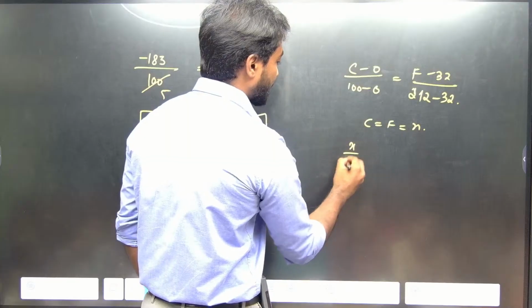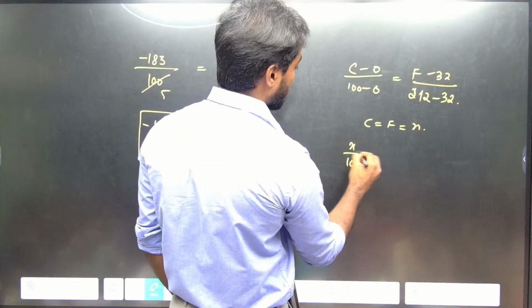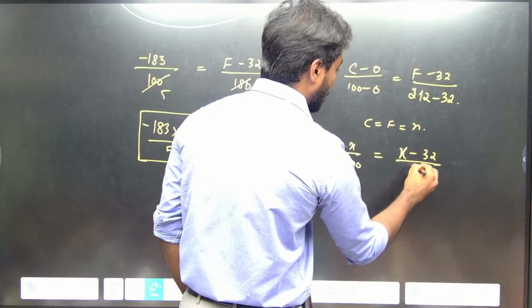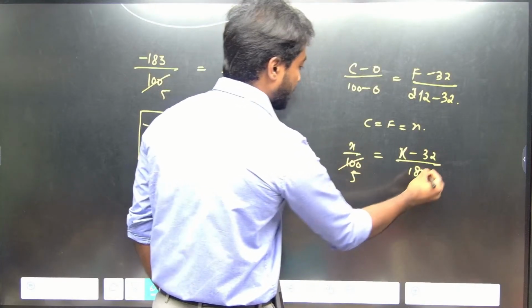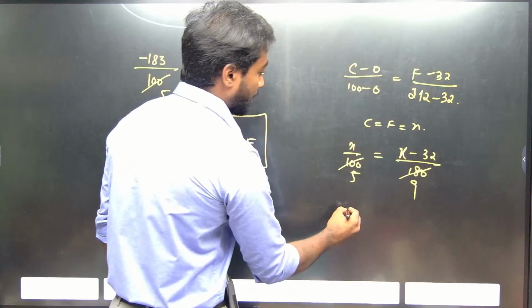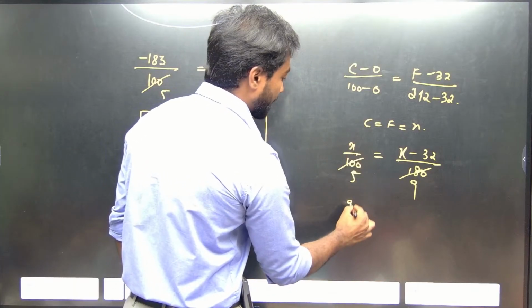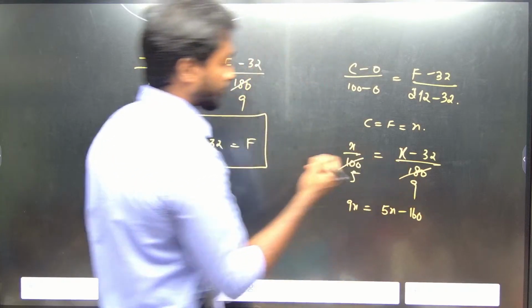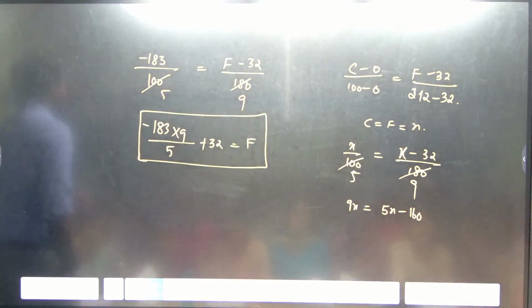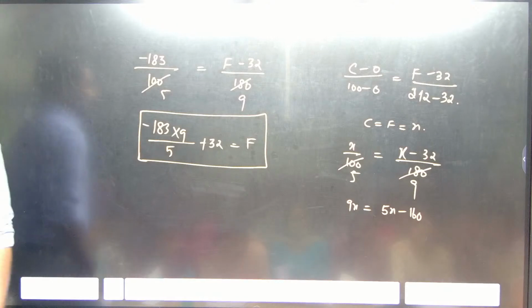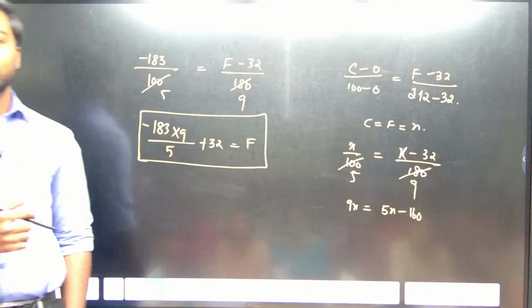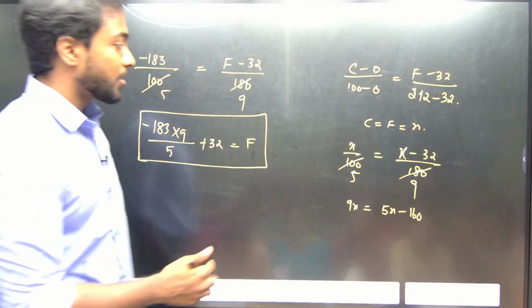So x minus 100 by 100 should be equals to x minus 32 by 180. 5 times 9 times, and this is cross multiply. 9x will be equals to 5x minus 160. Correct, no? 32 10 times 320. If it is divided by 2, 5 times 160.